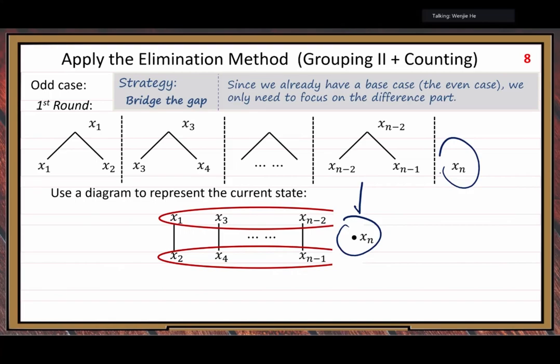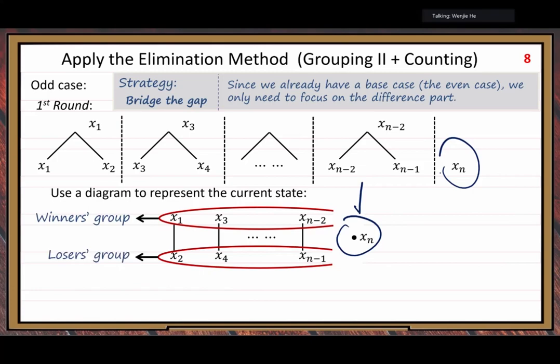Winners group means there is a chance this element could be the maximum. Do you think xn could be the maximum? Yes. If it could be the maximum, that means it is qualified for the winners group. That's our logic.